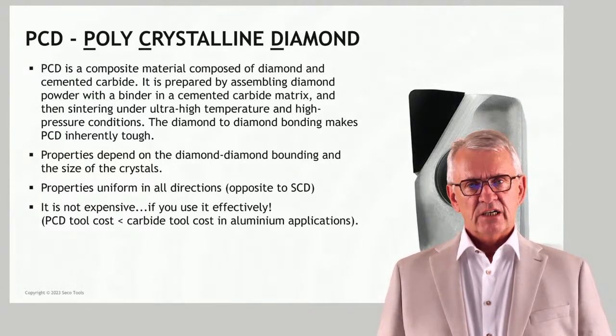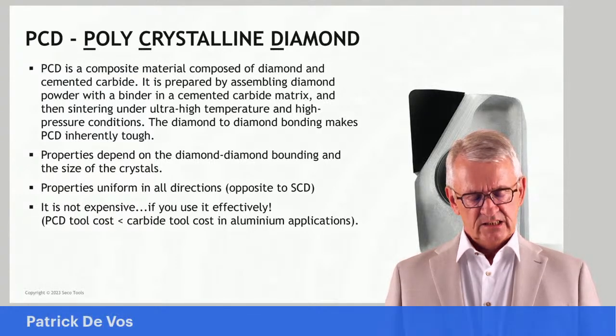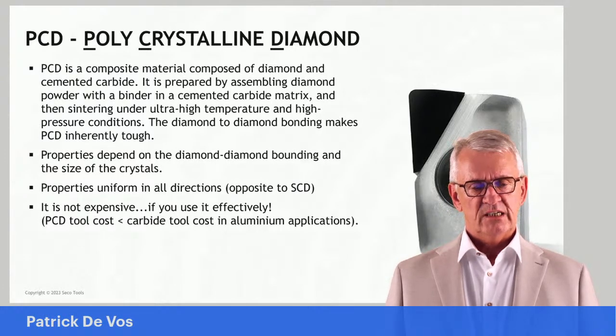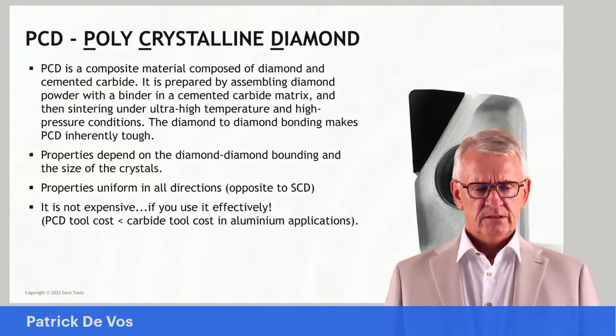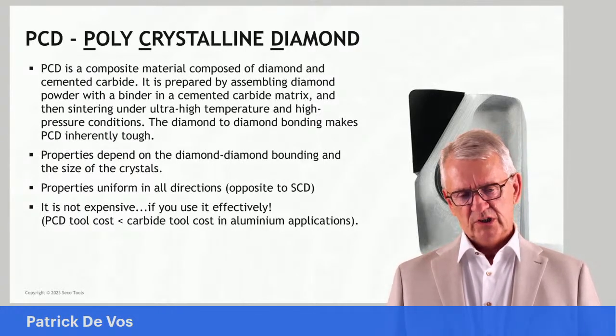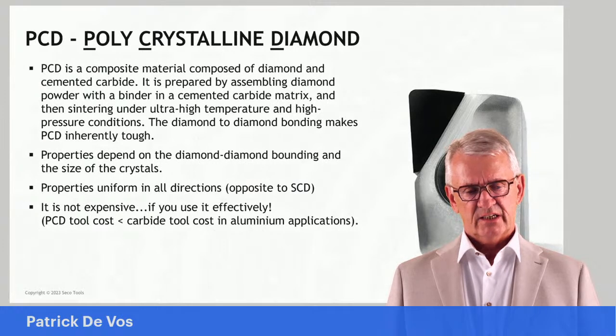The perhaps biggest advantage compared to SCD, single crystalline diamond, is that the properties of PCD are in all directions the same. It's very often told that it's expensive. Here you have to make a distinction between the purchase unit price, and that is rather high.